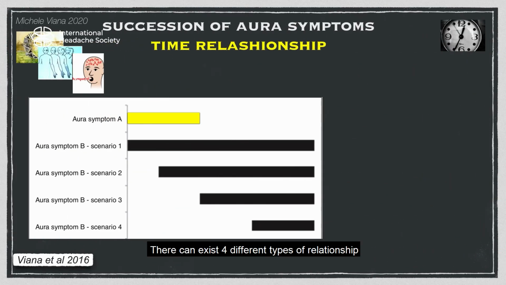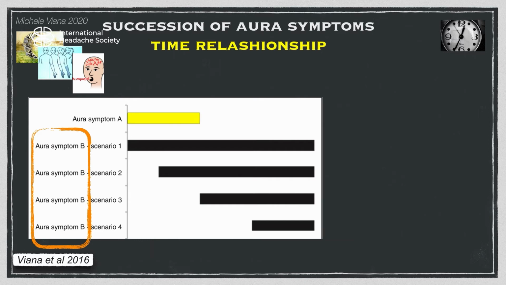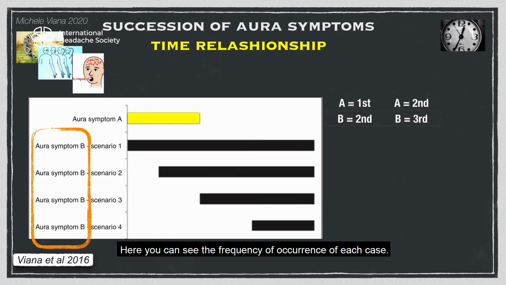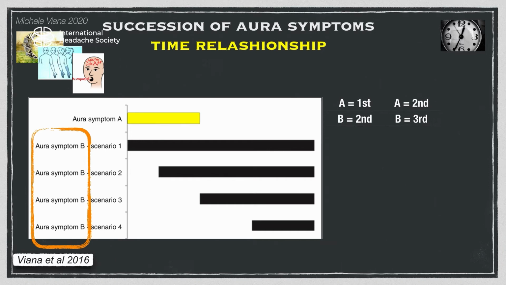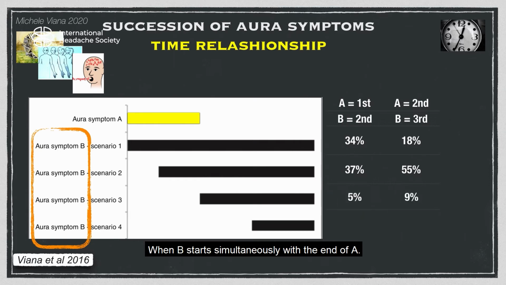There can exist 4 different scenarios of time relationship between an aura symptom that we can call B in relationship to another one that we can call A. Here you can see the frequency of occurrence of each case. When they start together, when B starts during A, when B starts simultaneously with the end of A, and when B starts after a free interval of time after the end of A.